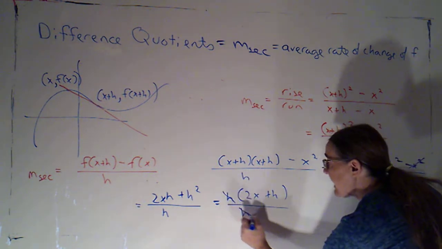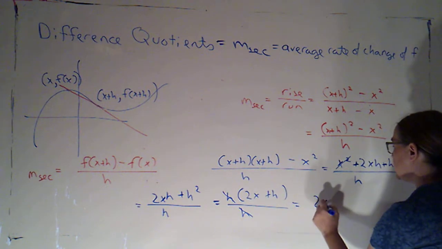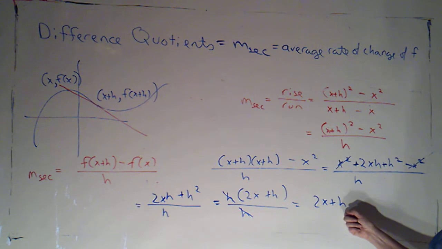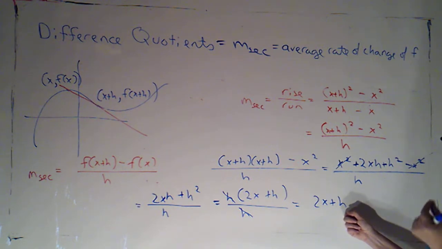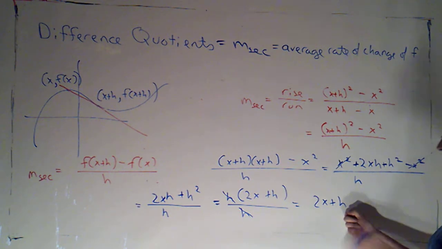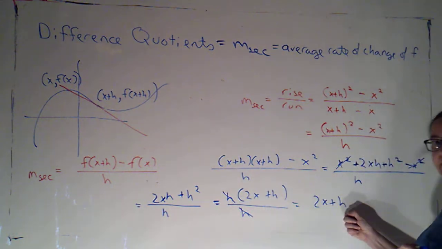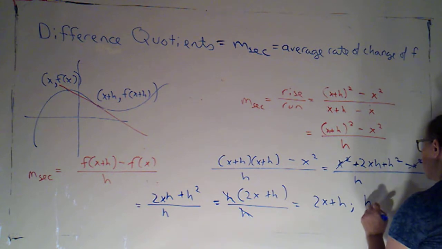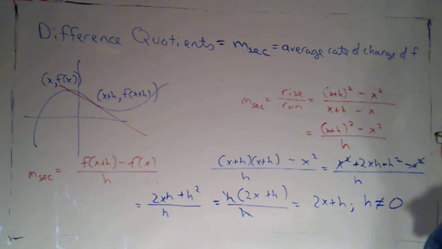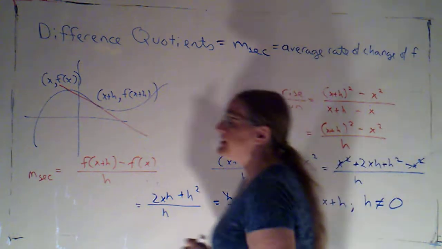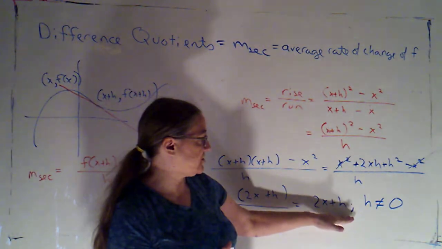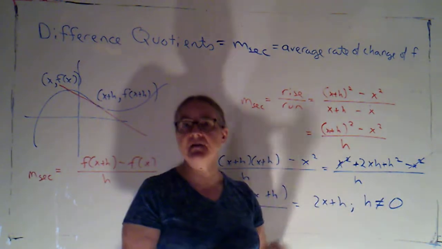Now if I just cancel these h's and I write 2x plus h, it sure looks like h could be 0. Anytime you're simplifying and you remove something from the denominator, you still have that restriction that h cannot be 0. So when I simplify the difference quotient, what I get is 2x plus h with the restriction that h isn't 0.